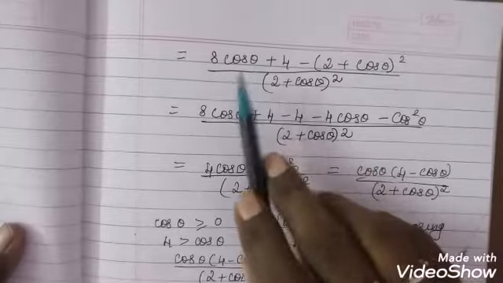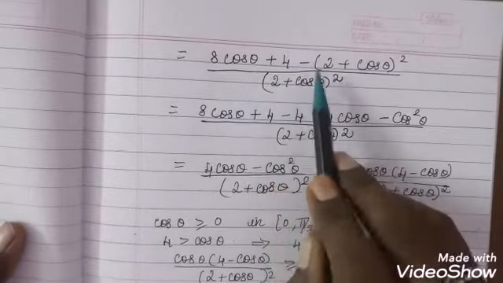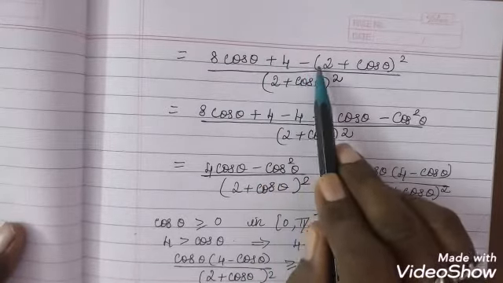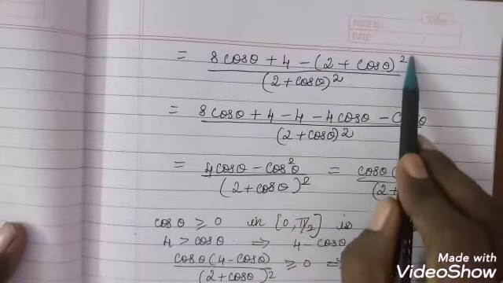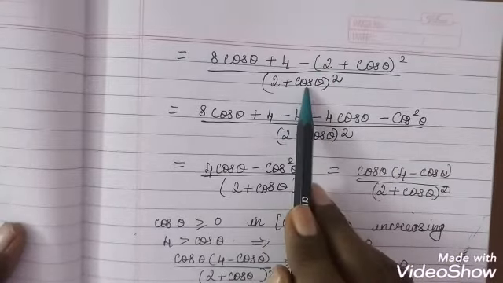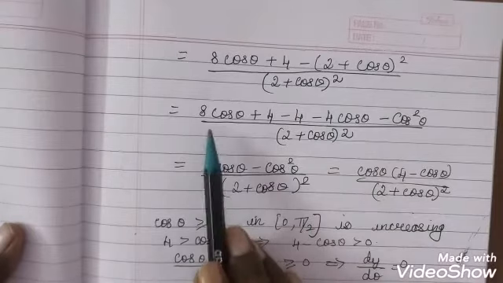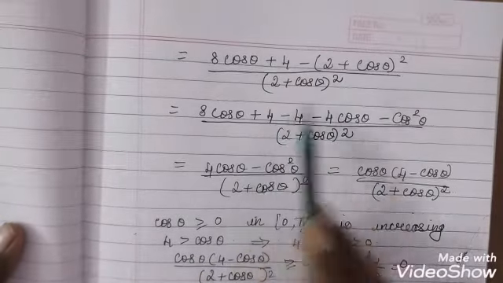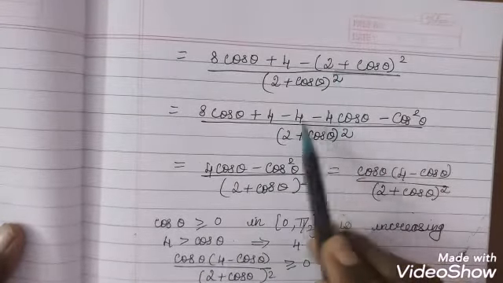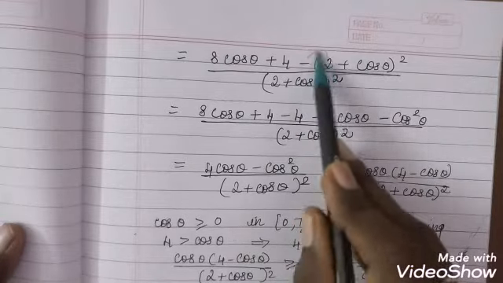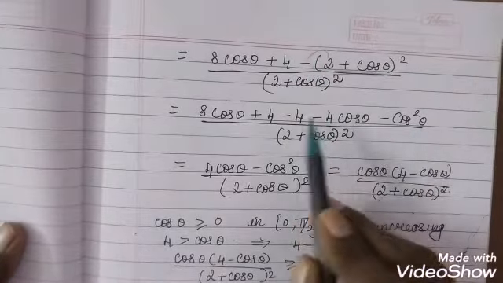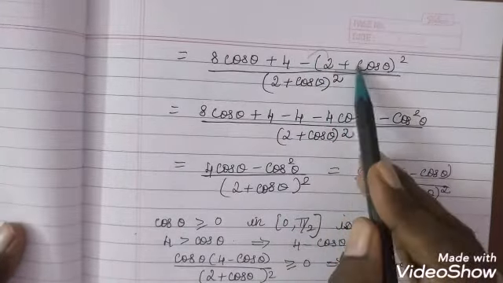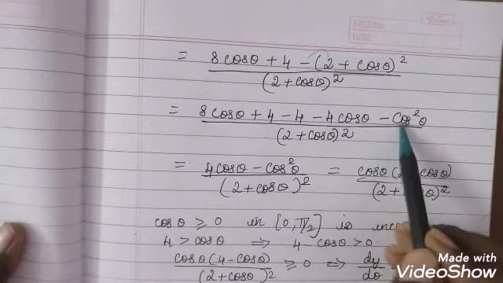So here the next step, 8 cos theta plus 4. Cross multiplying you will have it as minus of 2 plus cos theta the whole squared, divided by 2 plus cos theta the whole squared. So it is 8 cos theta plus 4, and (a plus b) the whole squared, so it's a squared. You have the minus sign here, so it becomes negative throughout. It's minus 4 minus cos theta, minus 2ab, plus b squared.